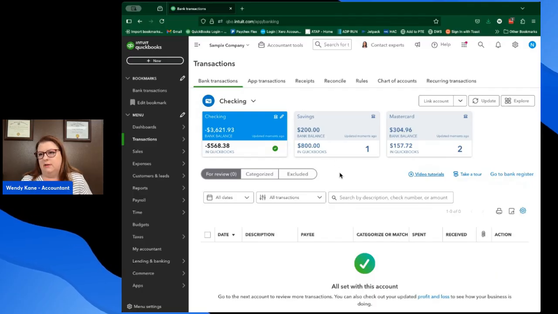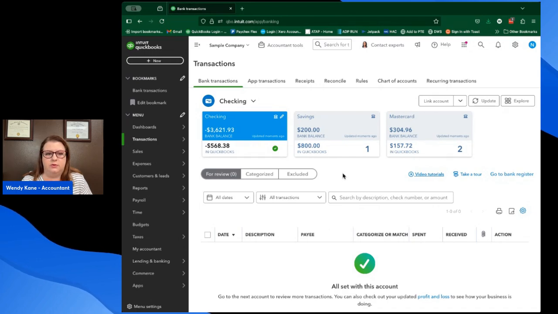Another reason it could be different is if you've entered something in QuickBooks that hasn't cleared the bank yet. These are traditionally known as outstanding transactions. You have outstanding checks and outstanding deposits. So let's say you had to pay your rent, and I do this, the office I rent here, there's not an electronic way to pay. So I have to write a check and mail it.